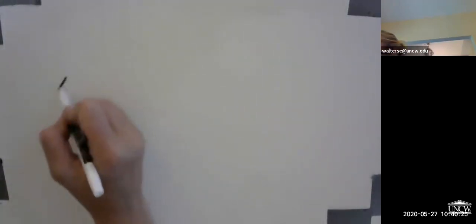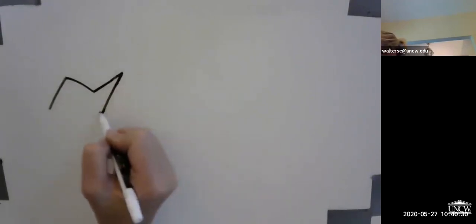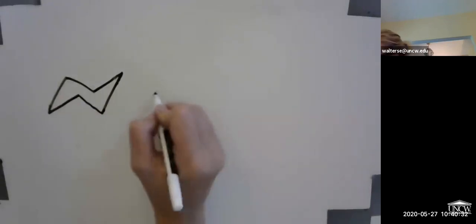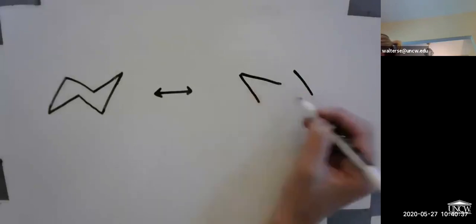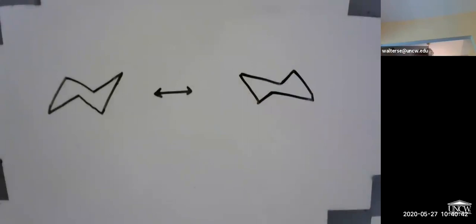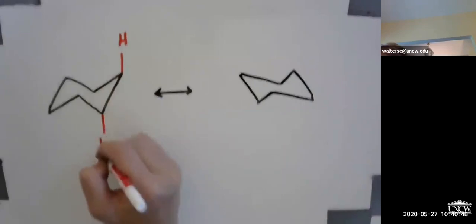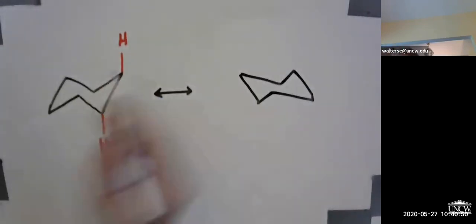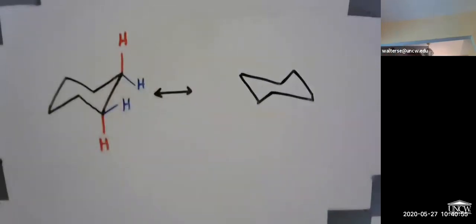All right, let's look at what happens to those positions when we flip. So here's axial up, axial down, equatorial down, equatorial up.